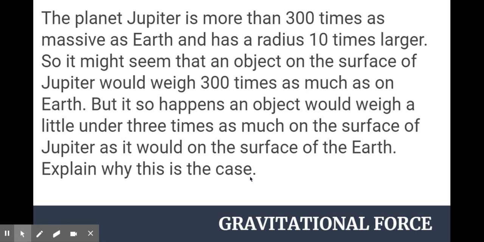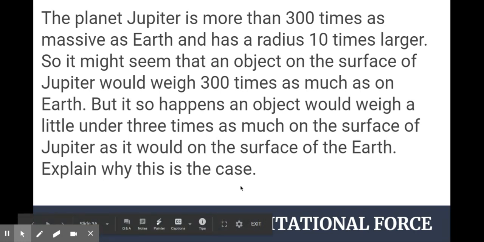But actually, it barely weighs 3 times as much. Okay? Why is the difference in weight between the surface of Jupiter and the surface of Earth, why isn't it any bigger? I mean, Jupiter has 300 times more the mass, 10 times the radius. Why is an object not significantly more heavy on Jupiter?